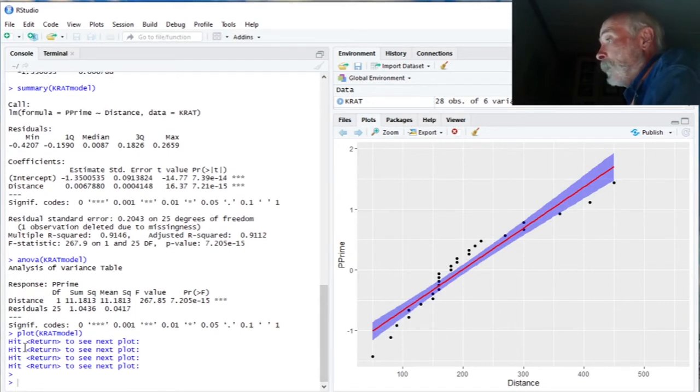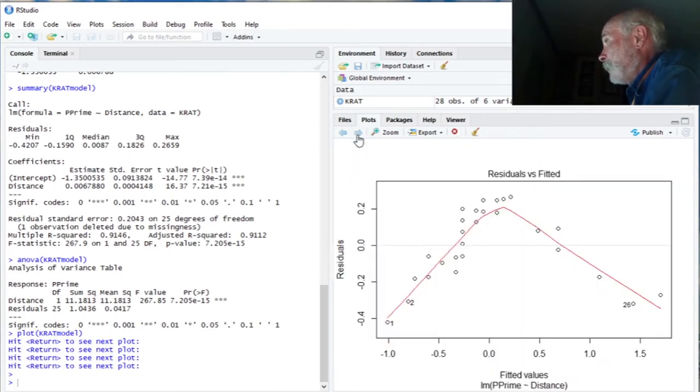All right, so now let's use the plot command and see what our plots of residuals look like. And here, as we suspected, you can see that the fit isn't perfect. So here's our regression line laid over on its side. And then here are our data points. So clearly we're missing something, and that's why we would like to do this weighting to sort of pull this up, pull that up, and then bring this down.